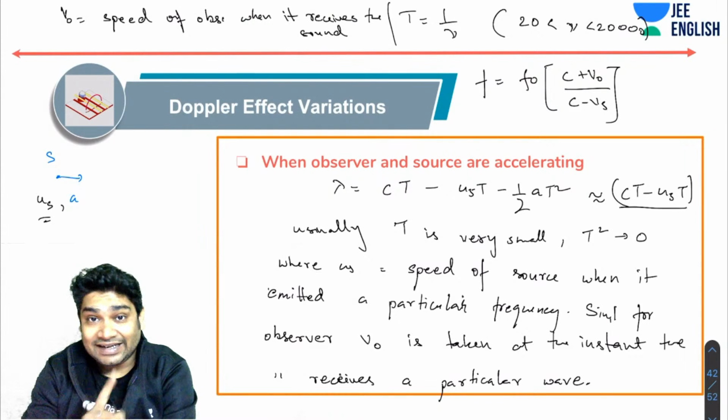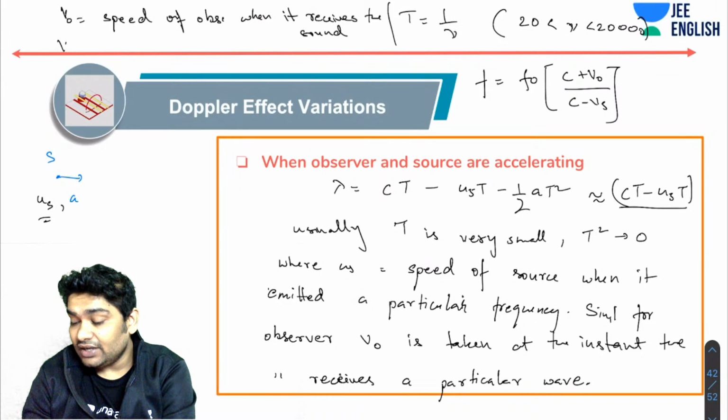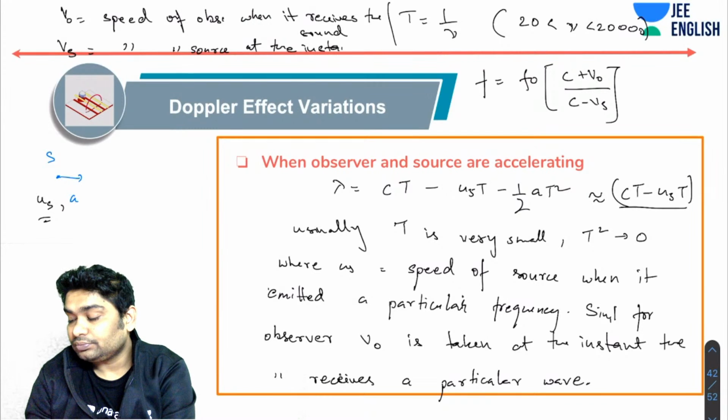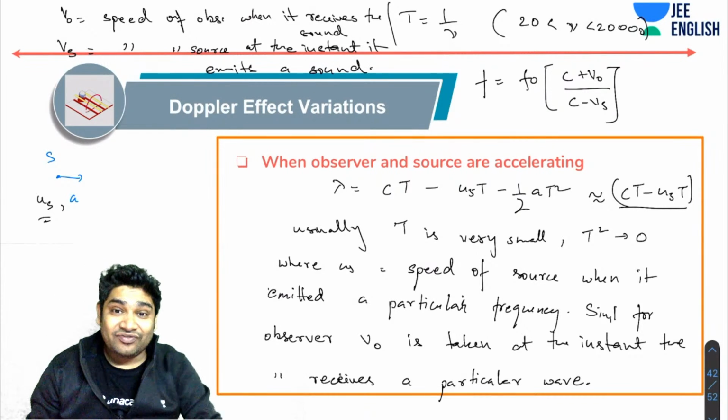Okay, it is the instantaneous speed. Similarly, Vs equals speed of source at the instant it emits a sound. Okay, so that is very, very important.